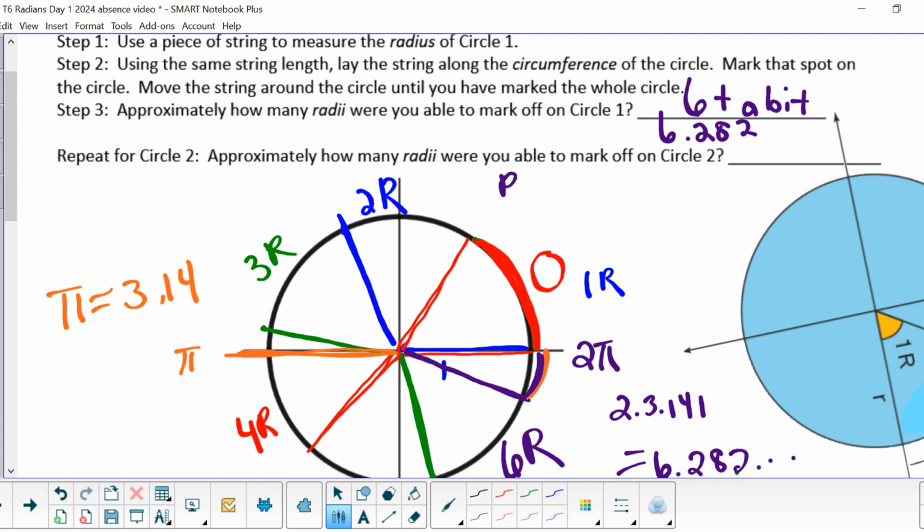Well, you can actually say you are able to mark off 2 pi radians. But that is the same as 2 pi radii, and that is where the name radians comes from. It is representing the fact that we are finding the number of radii that can go around the outside of the circle. Okay, so that's all the information that you would generally get about where radians come from.